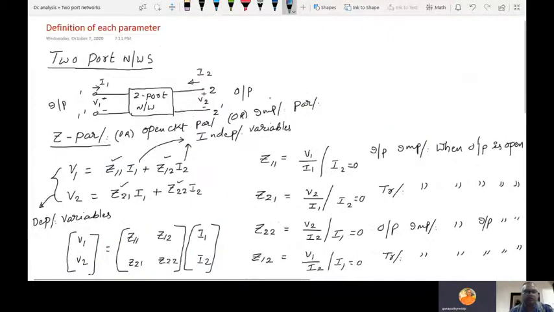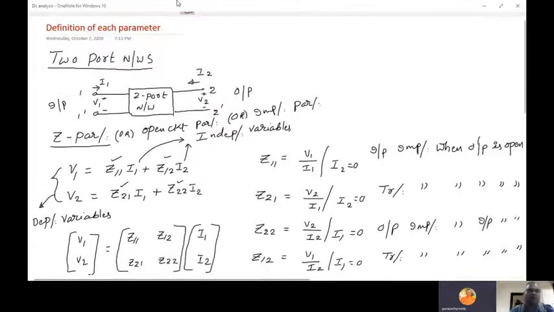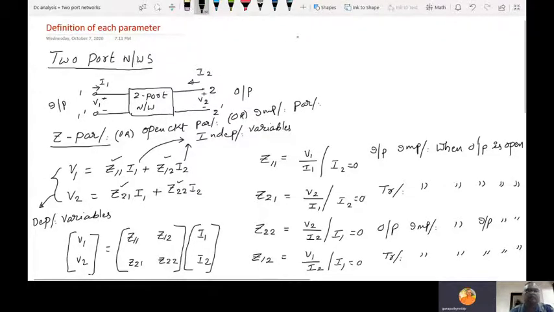Like that, even for Z we can draw the equivalent. Z is V1, V2 in terms of I1, I2. So both are voltage form. Both are in series.